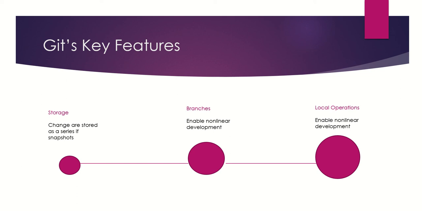But if a file has not changed, it will simply store a link to the previous version of the file to save space. This makes Git more like a mini file system with tooling built on top of it.